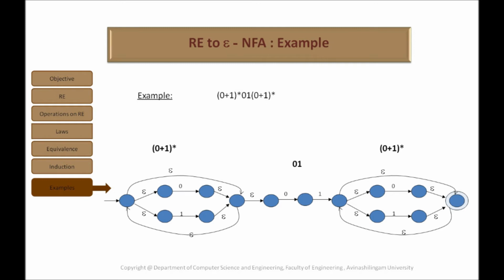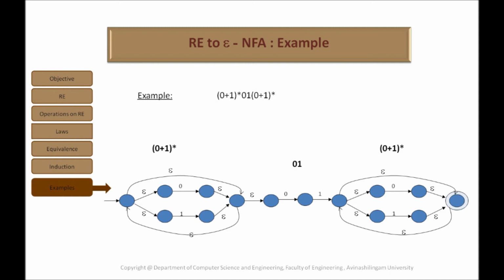After drawing the diagrammatic representation of 0 plus 1, we have to construct 0 plus 1 to the power star. That shows that it should go to the final state by using empty, or sometimes the loop also gets repeated. This uses induction 3.